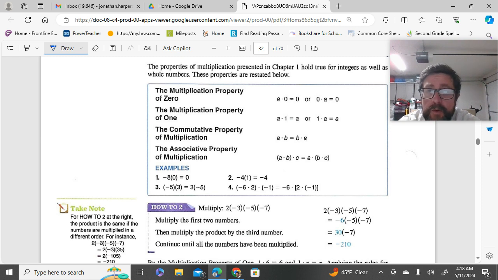The commutative property: negative 5 times negative 4 is the same as negative 4 times negative 5. You can exchange the numbers. The associative property: moving the parentheses, a times b, times c, is the same as a times b times c.